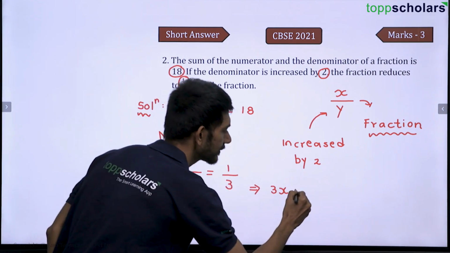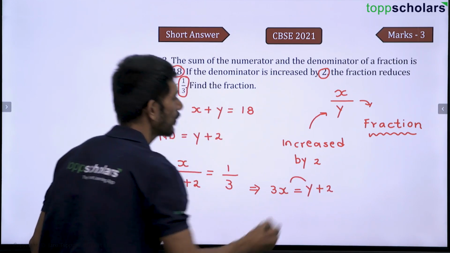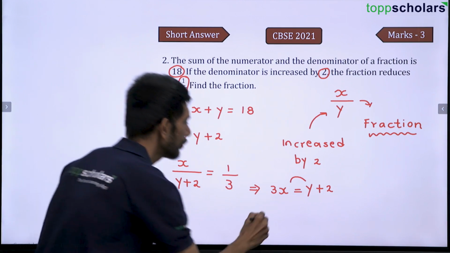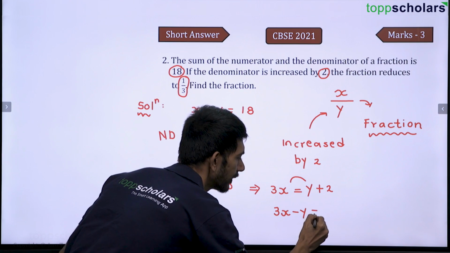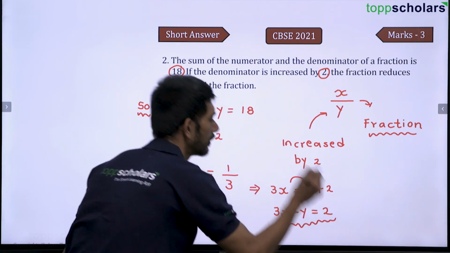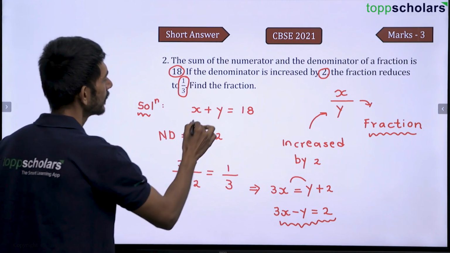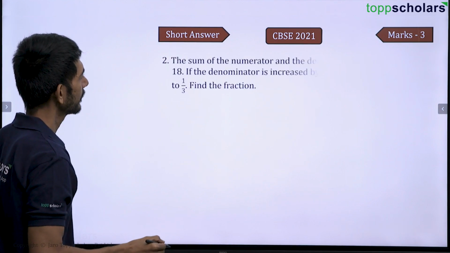Y plus 2 goes on the other side. Take y here. So we get 3x minus y is equal to 2, and x plus y is equal to 18, isn't it?